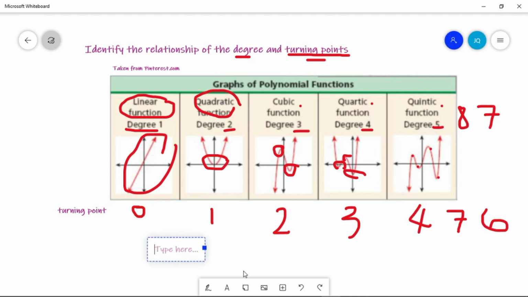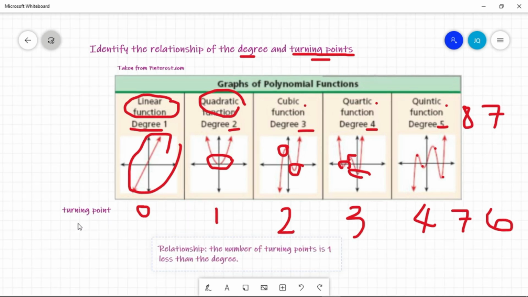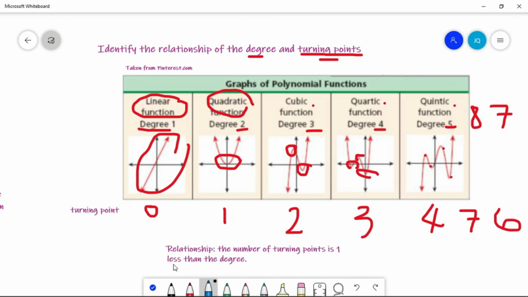So the relationship is the number of turning points is actually 1 less than the degree, no? 1 less than the degree. So meaning the turning point is degree minus 1.